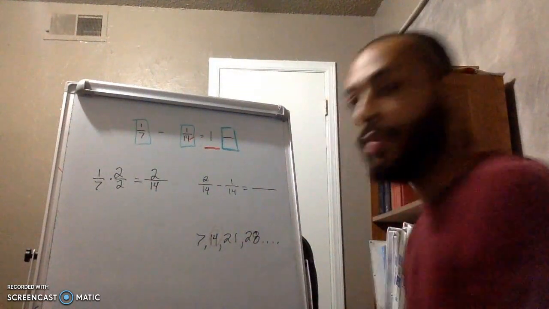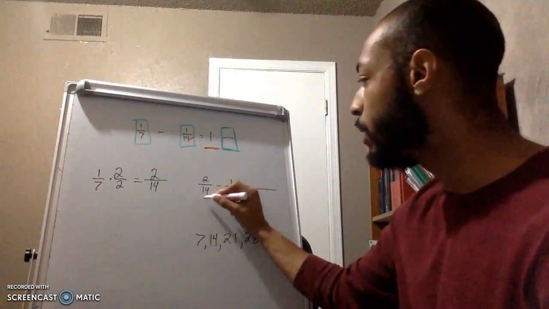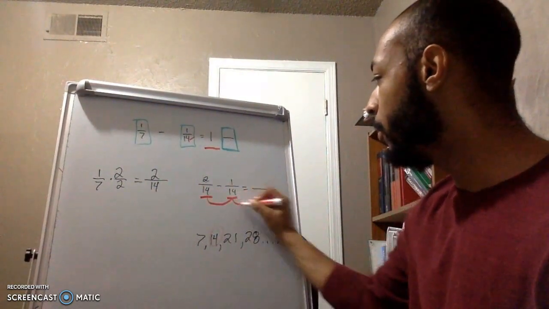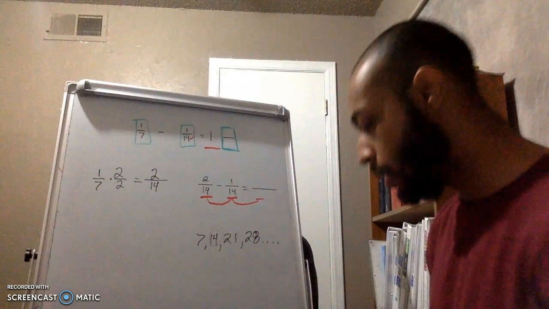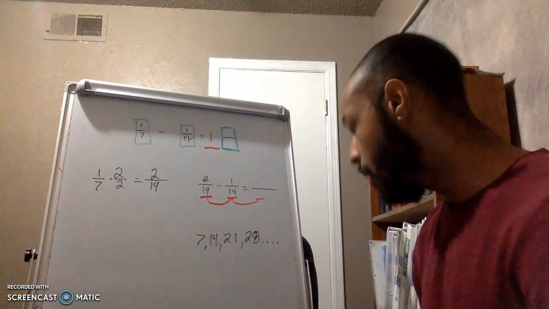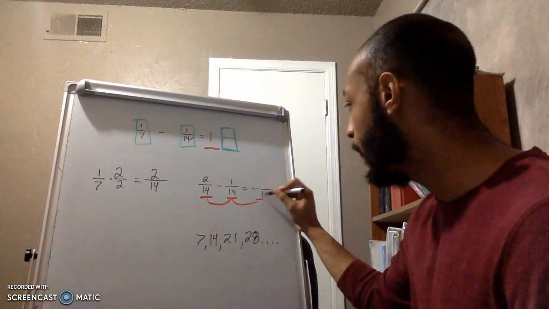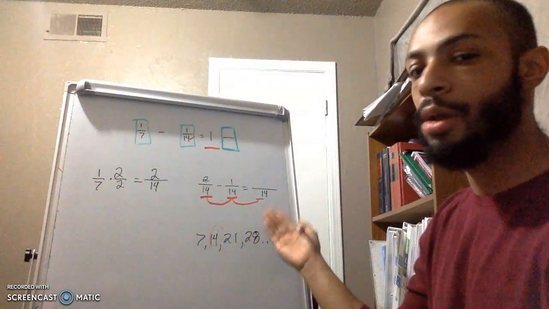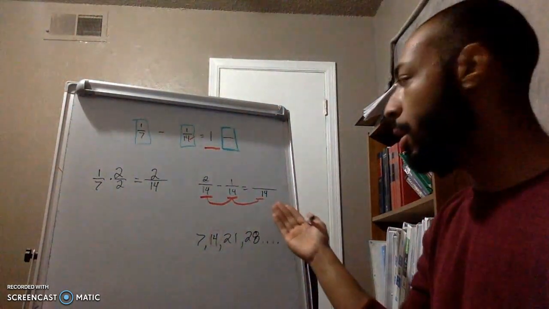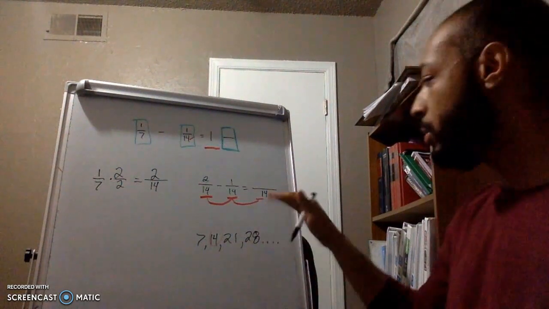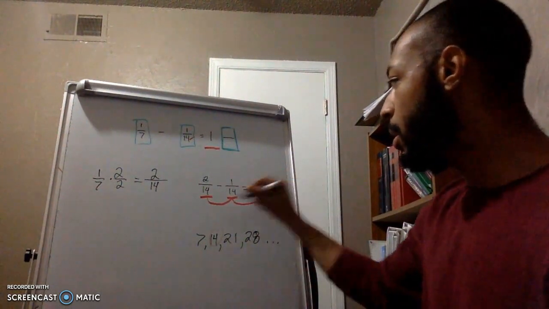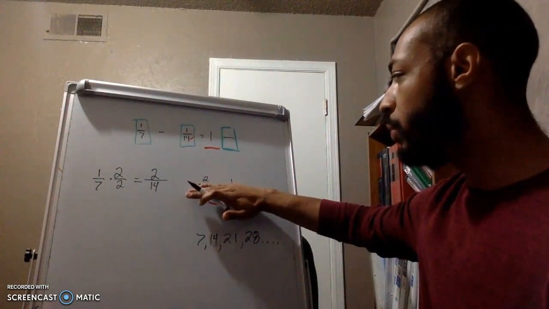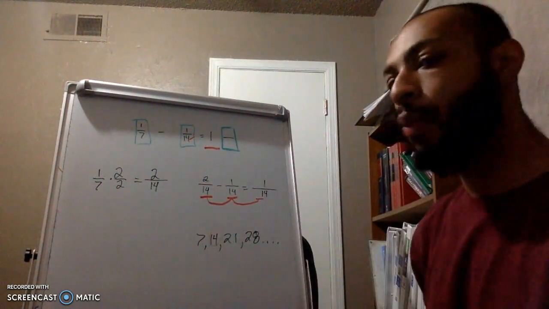Now that we have those common denominators, we can just bring our denominator over to make 14. Since that's the common denominator in both of the equations, our answer is going to also show that. So we have 14 there. And then, just looking at the top, 2 minus 1, or 1.